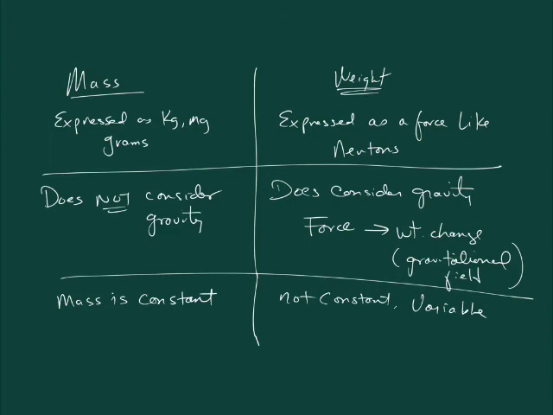And all of those things are going to have an effect on the gravitational force that is acting upon it. And because of that, the weight tends to change. It's not going to be very constant. So I know that's a distinction, but there's a force acting on the object on the one hand with weight. On the other hand, it's negligible. It's not even considered when we're talking about mass, because all we're interested in is the amount of matter involved. So that is how you tell the difference between the two.